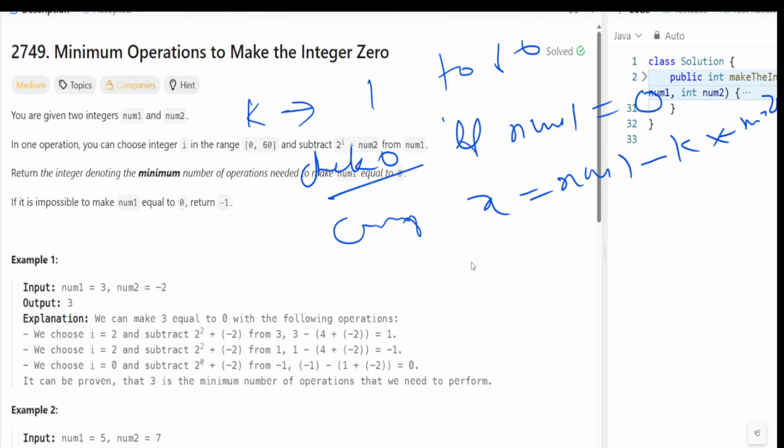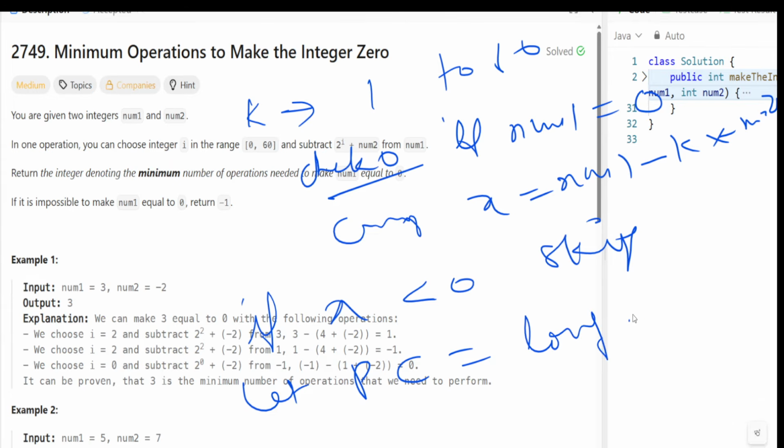Then if x is less than 0, you will skip, you will not do anything. Then you should check the pop count, which you can get from Long.bitCount. You pass x and you will get the pop count.